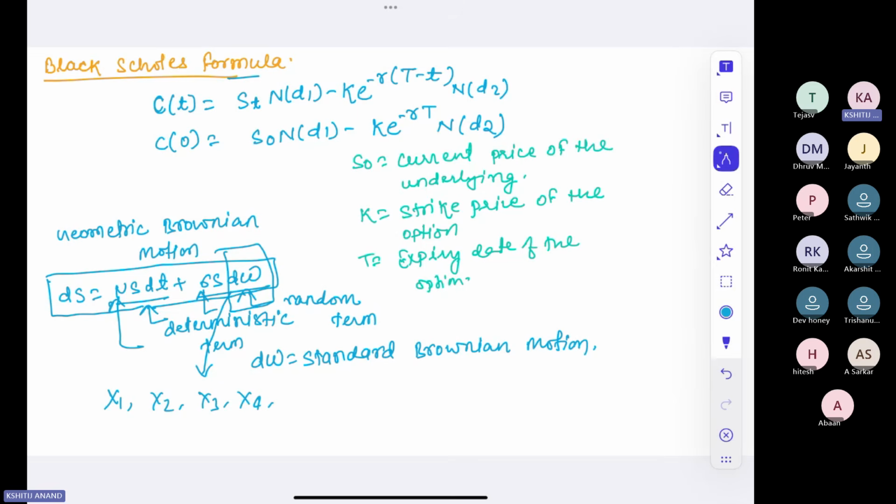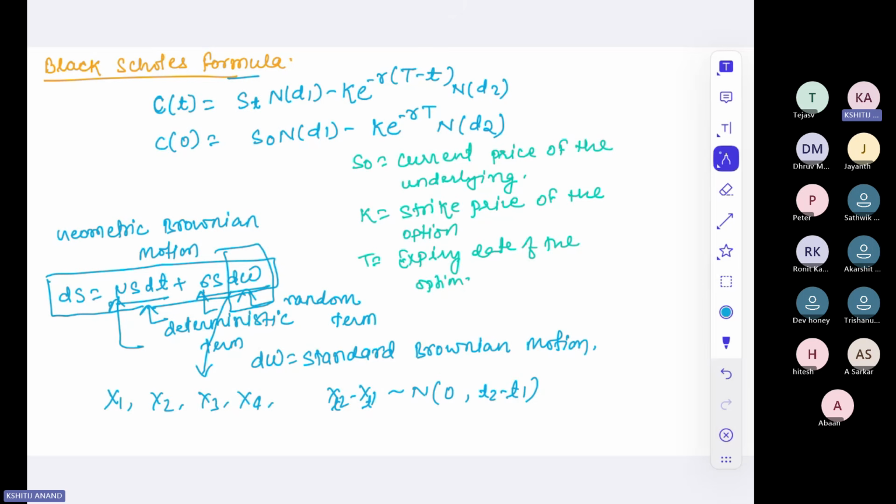Some of these rules are that x2 minus x1 is normally distributed, right? All these increments are normally distributed with a mean of 0 and a variance of t2 minus t1, and they are stationary. I can share some resources to discuss it, because this is not the core agenda of today's lecture.